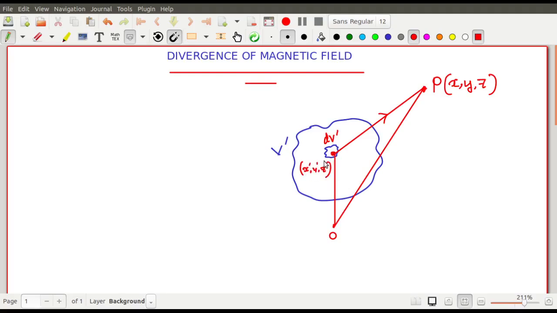So this is the coordinate of that particular point, and V is the entire volume, V dash. This vector is denoted by r dash or r prime, and this vector is denoted by r, and this one is capital R vector, which is given by r minus r prime. So this is r vector and this is r primed vector.